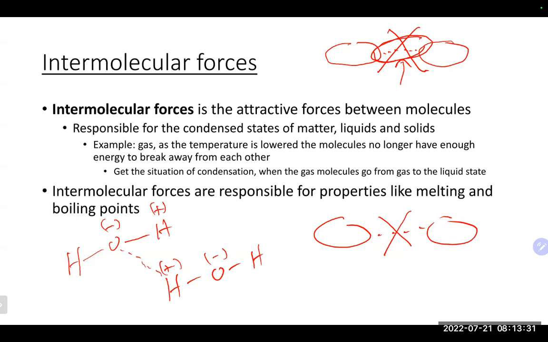As we'll talk about, pretty much every intermolecular force is the same basic interaction, and that is the interaction between the positive side of one molecule and the negative side of another. So pretty much all those intermolecular forces are that electrostatic attraction between positive and negative that's holding those together.